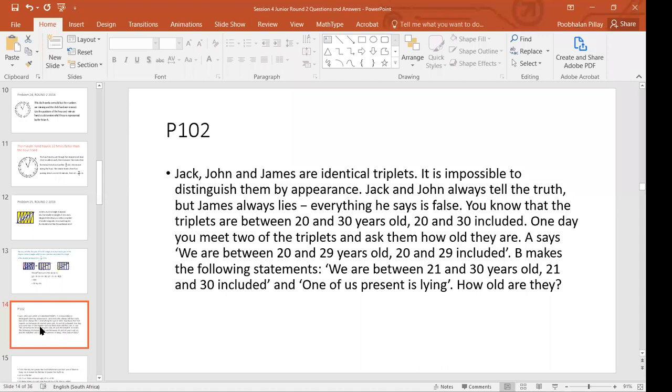How good are you at actually solving problems with very little information at hand and building up strategies? That's what problem solving is all about. So you will see the kind of questions that we've got now. I've got no X's and Y's. They're just about thinking. So problem 102, read through that problem.